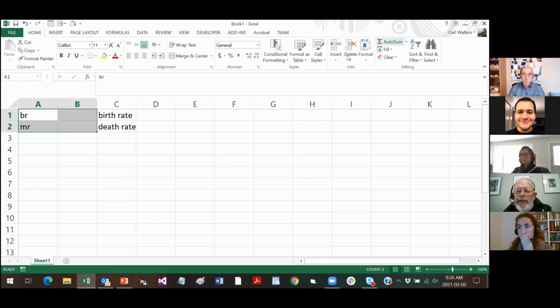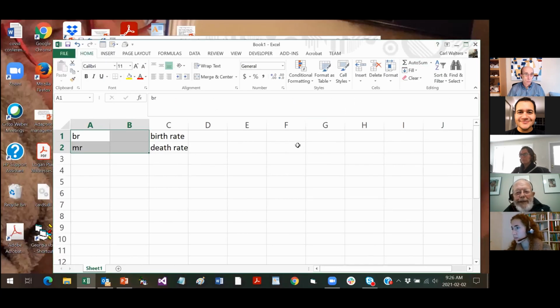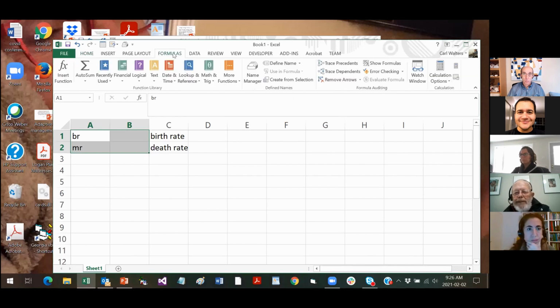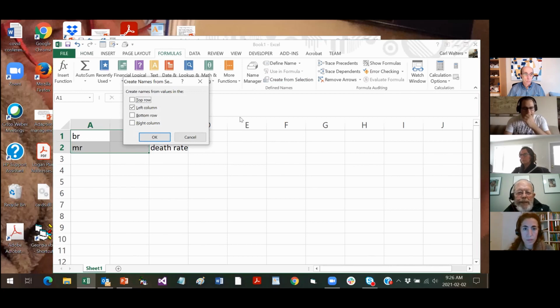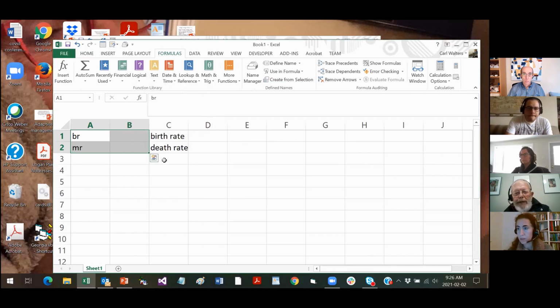And then what you do is, how do I get rid of this thing? Oh God, I have to lower it, I have to do it this way because it's blocking my thing. I go to the formulas tab in Excel and I say create from selection, and it'll automatically assume I want to do it in the left column, and I do it that way.